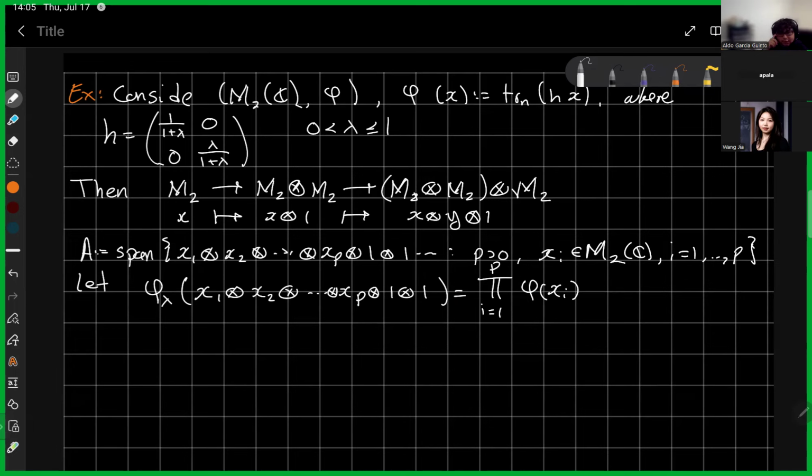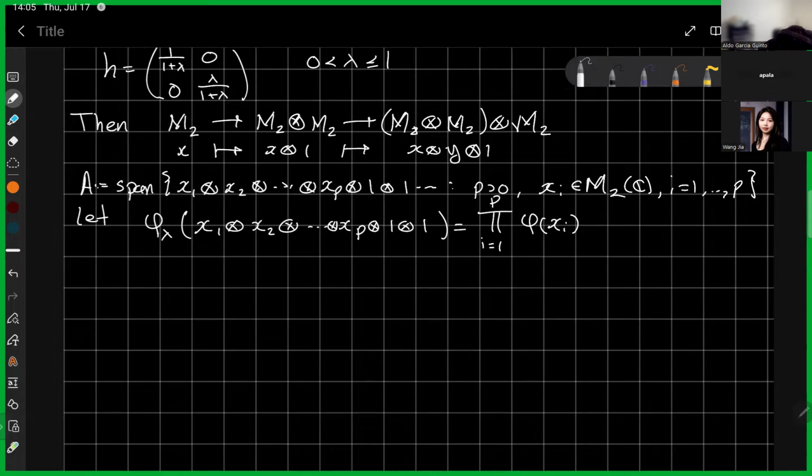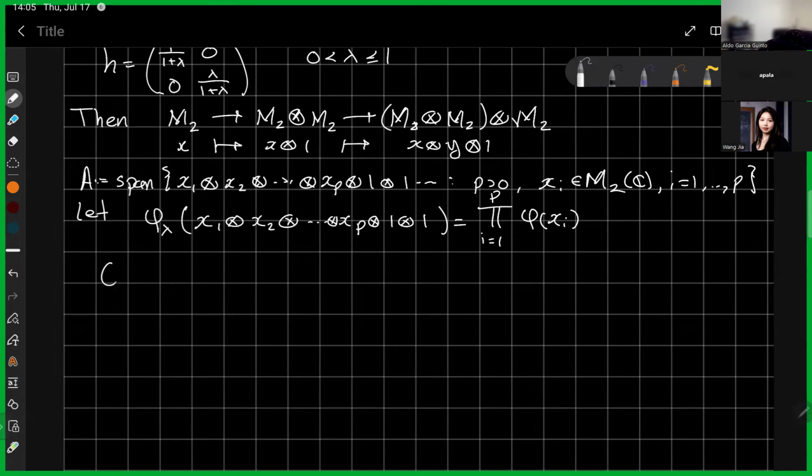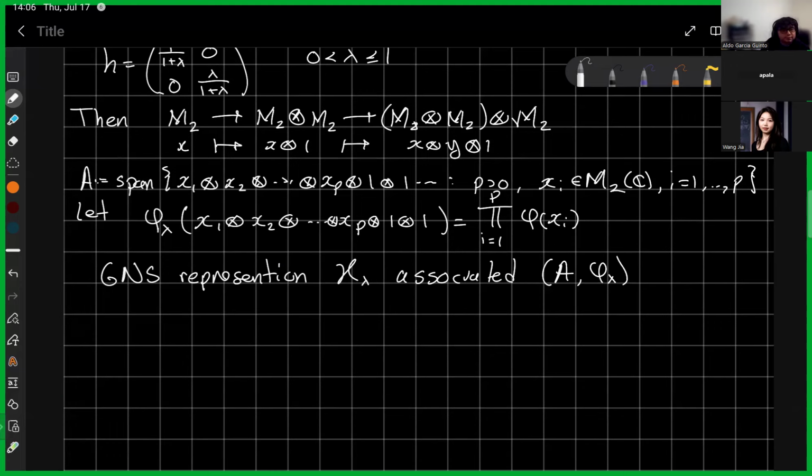Then we do the GNS representation to give us a Hilbert space, H_lambda, associated to A and phi_lambda.